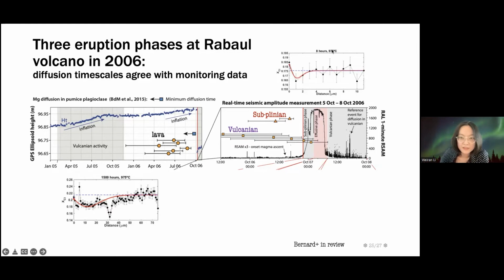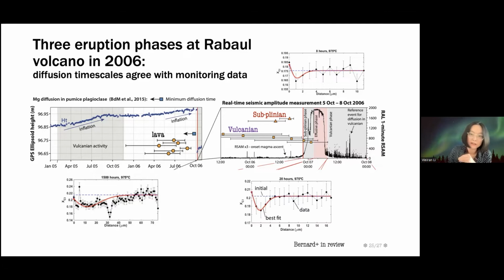And then for the sub-Plinian eruption, we observed very short diffusion distance, or nearly no zoning, in the apatite from that phase. That corresponds to a very short timescale of degassing, a very fast magma ascent. This timescale agrees with the seismic amplitude measurements at exactly the same timing as what we observed using apatite.